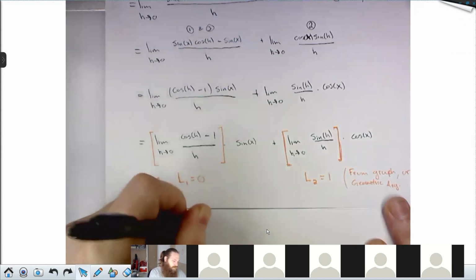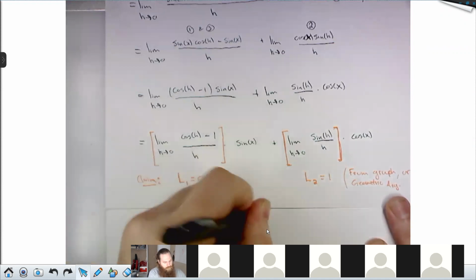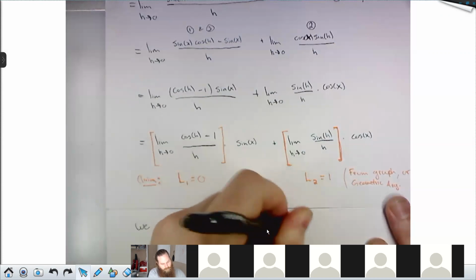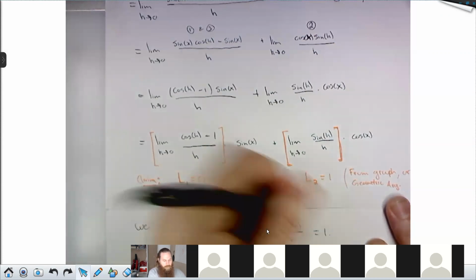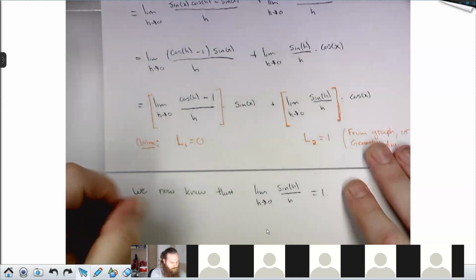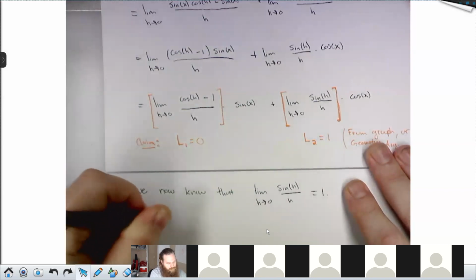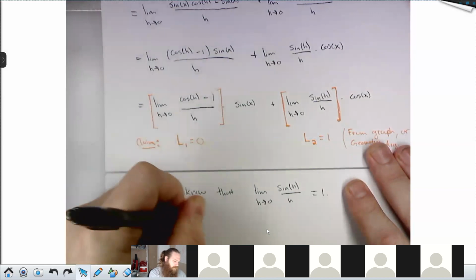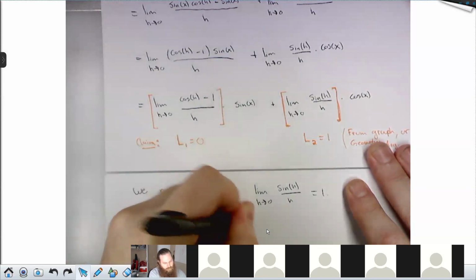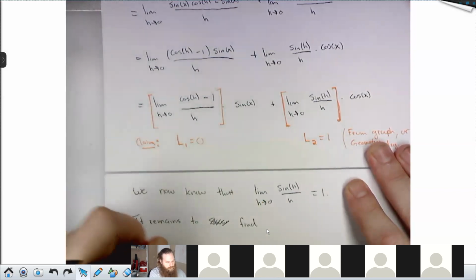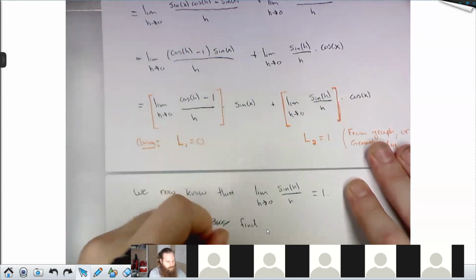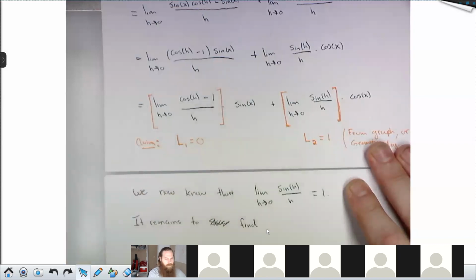We now know that the limit as h goes to 0 of sine h over h is equal to 1. And it remains to be shown, or I should say to find, the limit as h goes to 0 of cos h minus 1 over h.